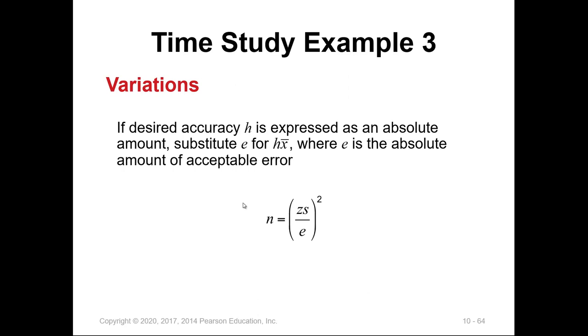If desired accuracy h is expressed as an absolute amount, we substitute e for h x bar, where e is the absolute amount of acceptable error. The formula will be n equal to zs divided by e, all squared.